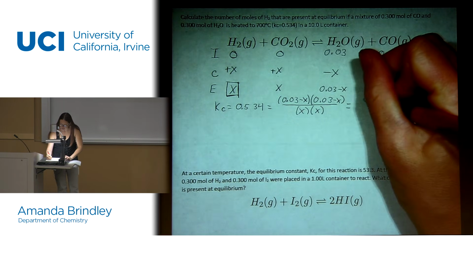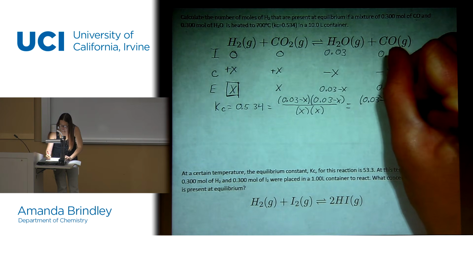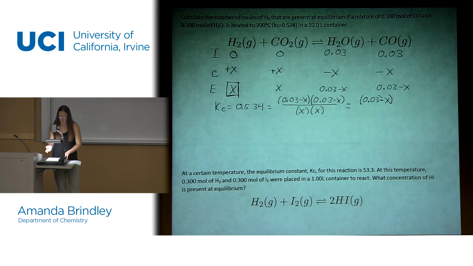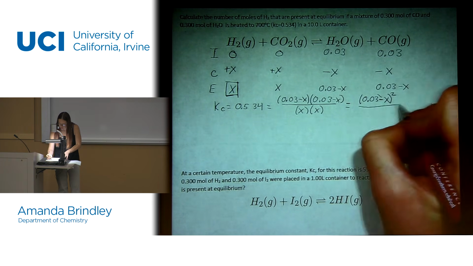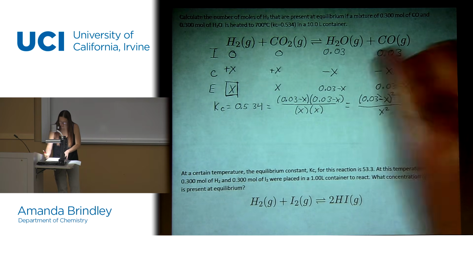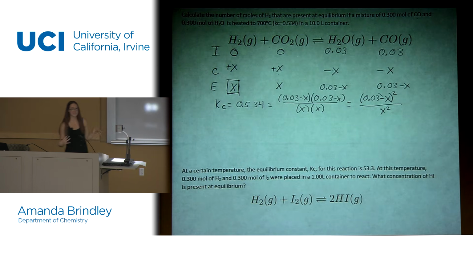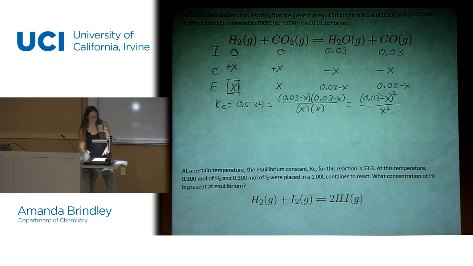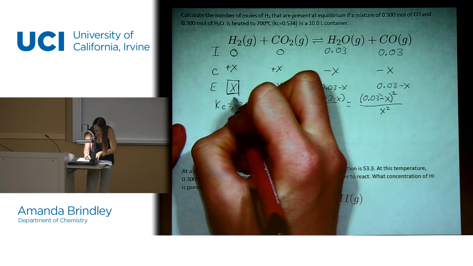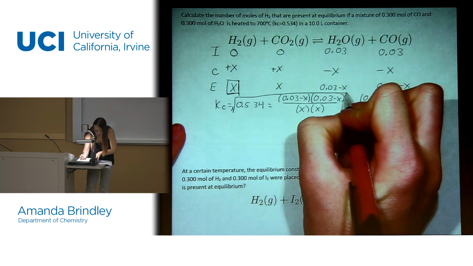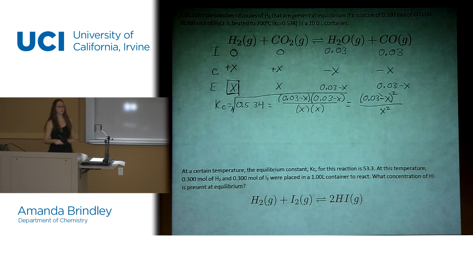Because how else could I write this? I could just write it like this, right? Because those are the same thing. And I could just write this as x squared. And now I can just square root everything. And I can make my life a little bit simpler, okay? So I can square root the whole thing. That keeps it from being a quadratic.